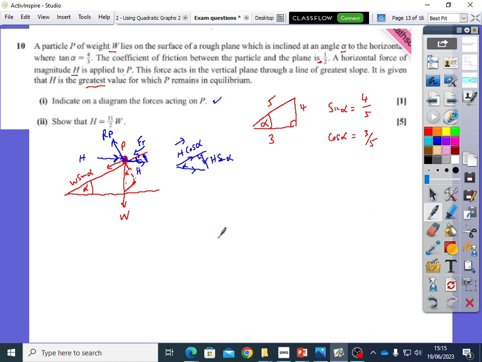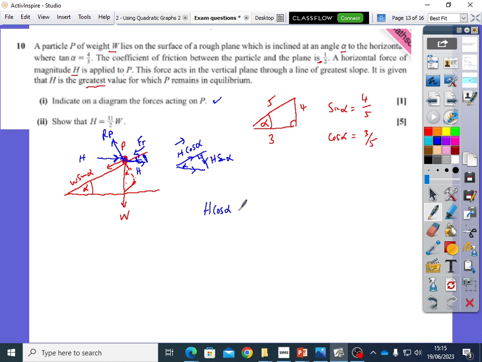So right, I'm ready to set my equation up to show this is the case. So first of all, let's make this force come down. H is holding it up, so just put H cos alpha is pushing that upwards. If that's pushing that upwards, what's going against it?